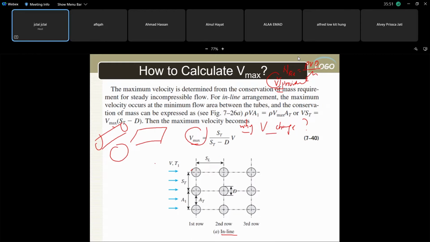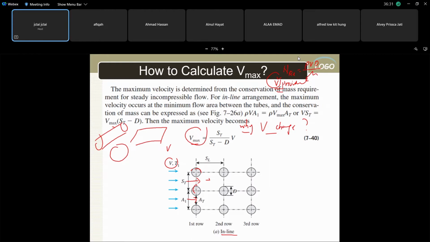You see, the fluid flows past with a velocity, but before it enters the banks of tubes, the velocity is constant, right? When it enters the area, it faces hindrances. All these tubes hinder the flow of the fluid.